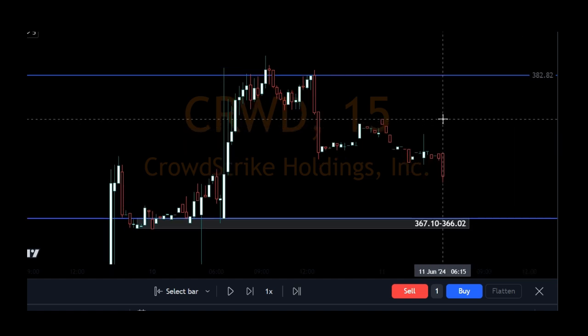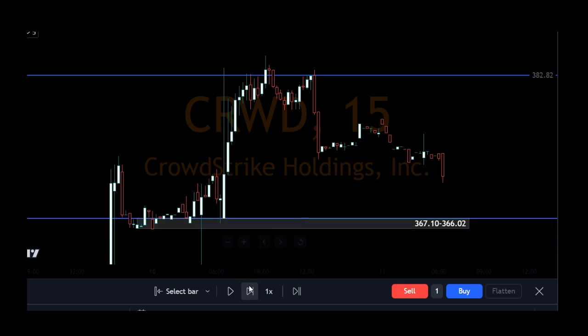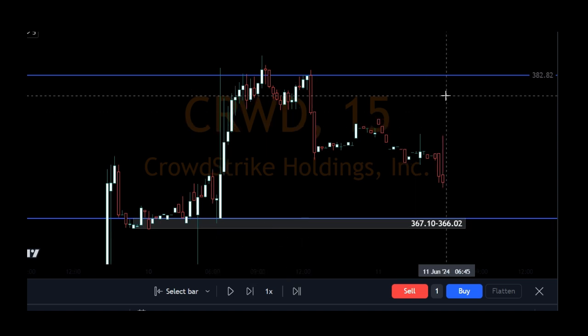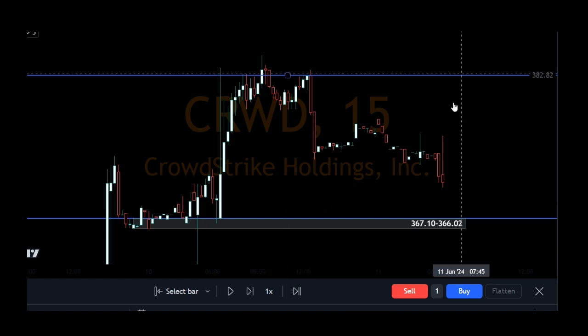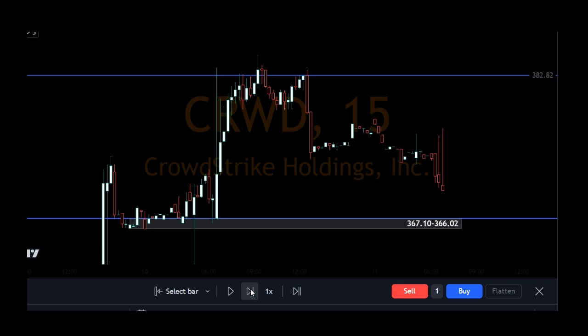Okay. The market hasn't opened yet. I'm at 6:30, so the next candle will open with the market. So right here is the first candle after the market open. So no trades here so far. We have our levels, or we have our zone. Now we see this big bullish candle.